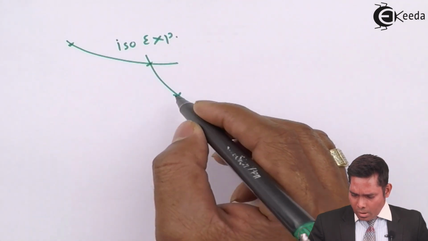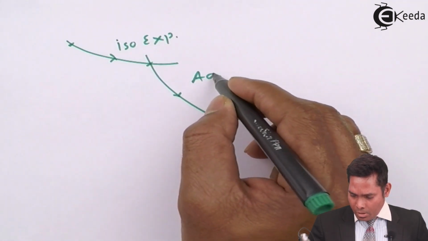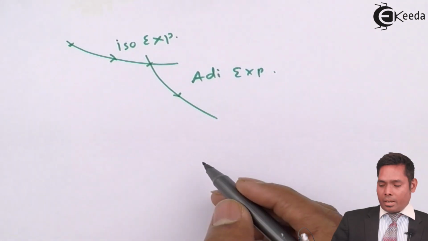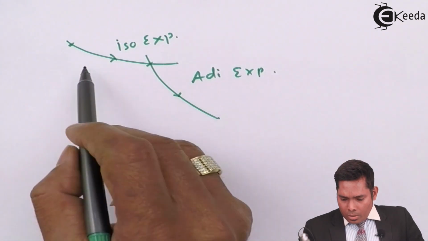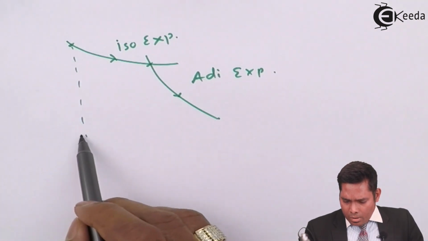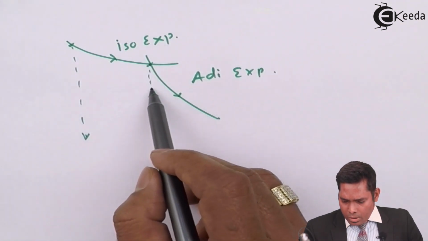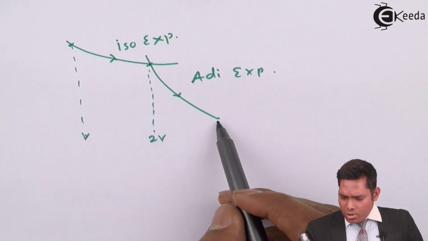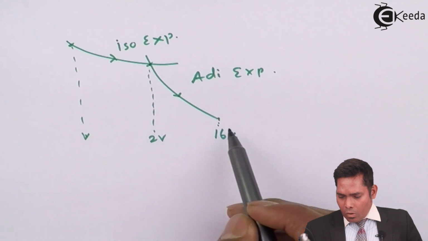From here to here it is adiabatic expansion. Here the volume was V, here the volume was 2V, and here the volume is 16V.